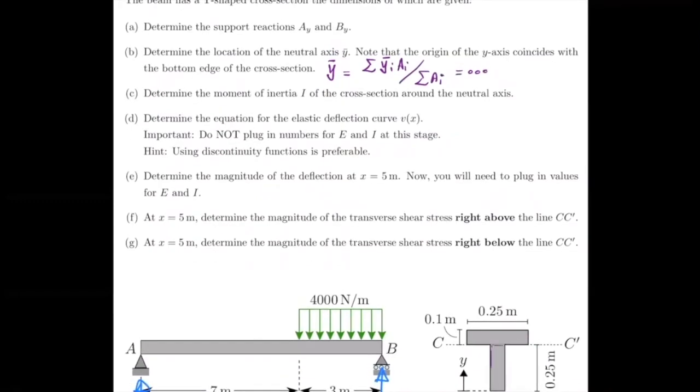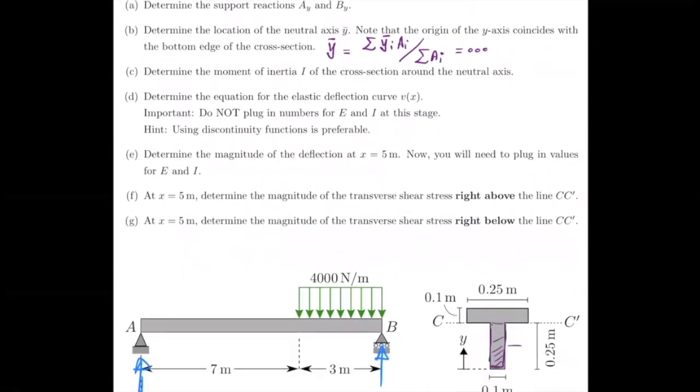So you would have a part at the bottom with its centroid exactly in the center, and then you would have this part on top, which is a similar part again with the centroid at its center. So if you do that, you would have your distance y bar, which is 212.5 millimeters.